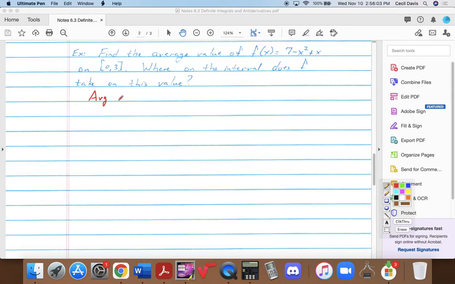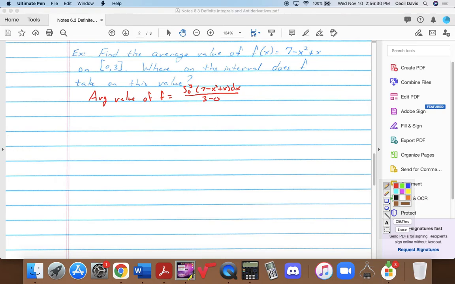The average value of f will be the integral from 0 to 3 of 7 minus x squared plus x dx over 3 minus 0.